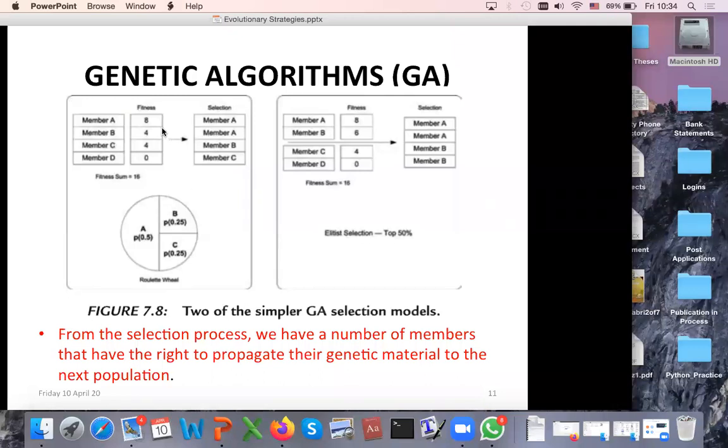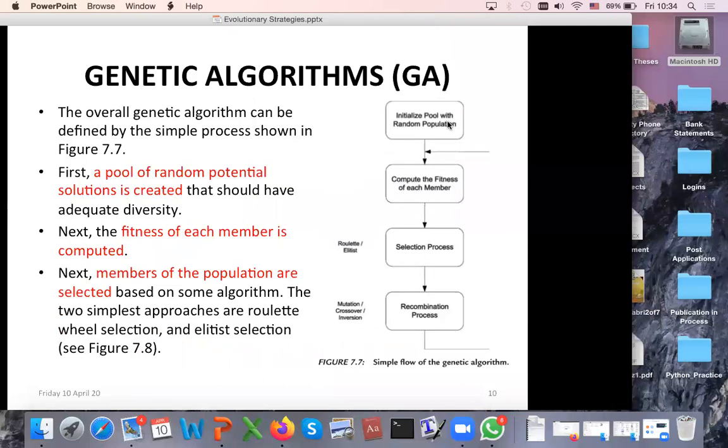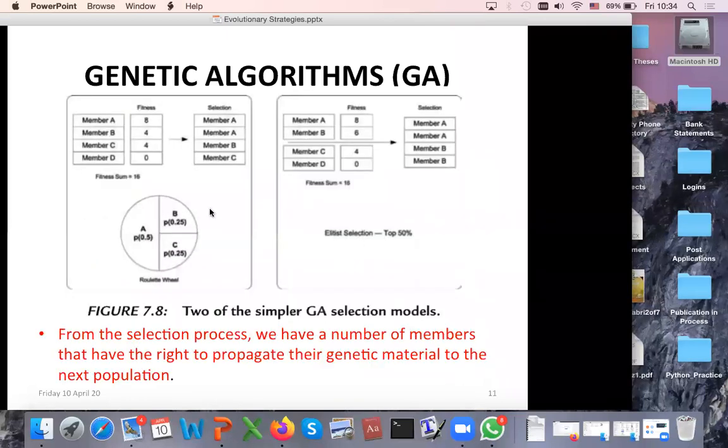So now these are the steps for the population and the computation of the fitness. This is an ordinary concept, and now we are going to see the roulette wheel and elitist selection methods in detail. On your left side, this is the roulette wheel, and on your right side, this is the elitist selection.